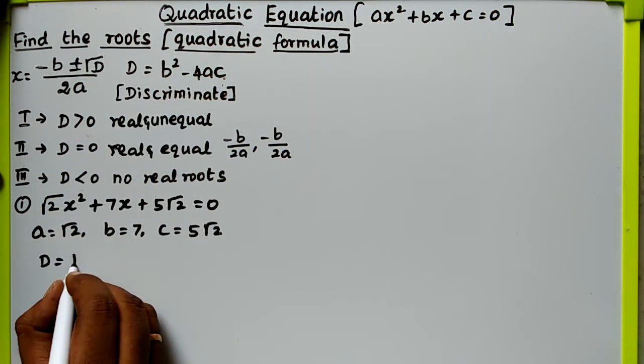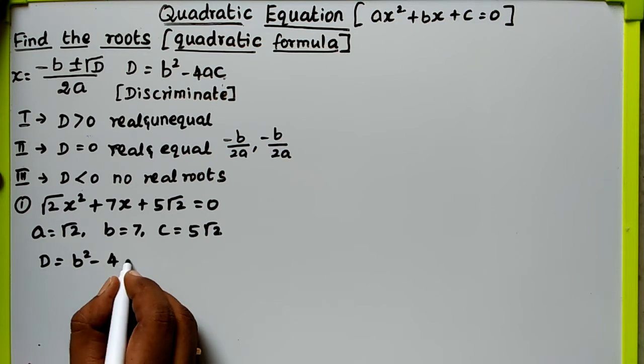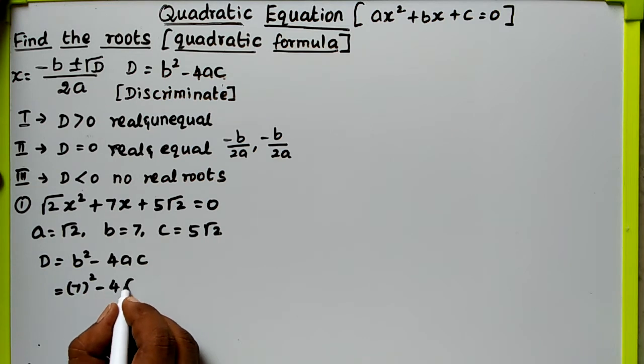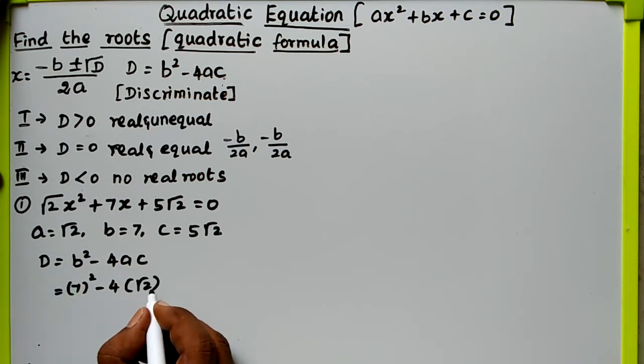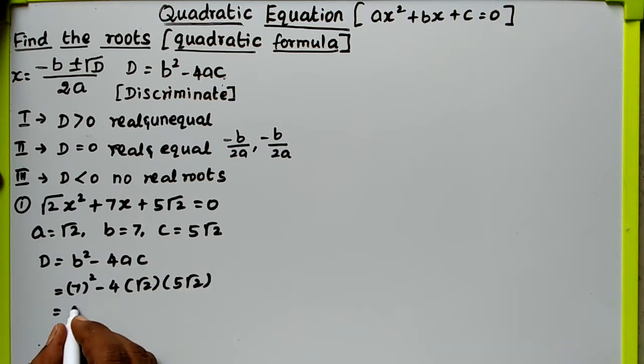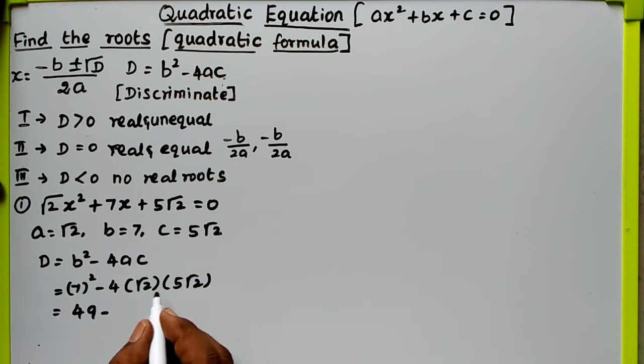D equals b square minus 4ac. The value of b is 7, so 7 square minus 4 into a value root 2 and c value 5 root 2. 7 square is 49, and 4 into 5 is 20, 20 into root 2 into root 2 is 40. So D equals 9.